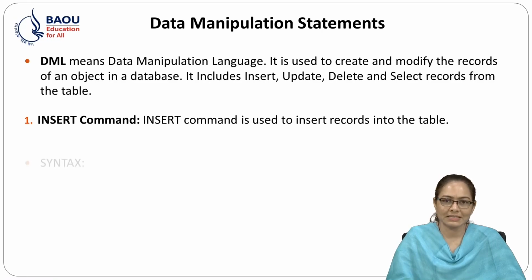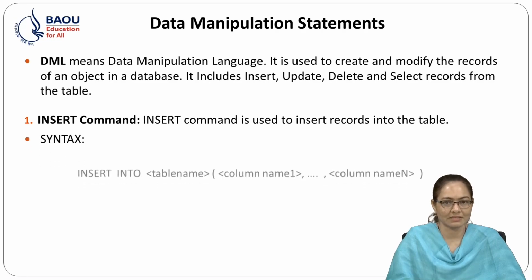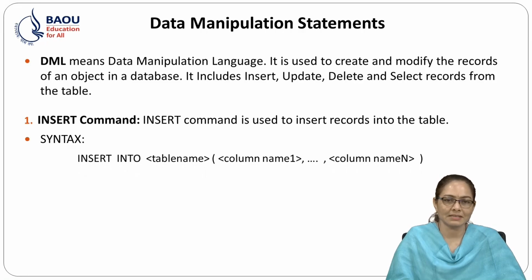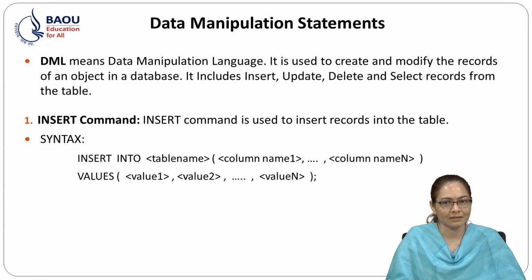First of all, we see the syntax of this command. The syntax is insert into table name, then round bracket open, and then in the bracket column name 1, comma, column name 2 up to column n, then bracket over. After that values, and then round bracket, values 1, 2 up to n.